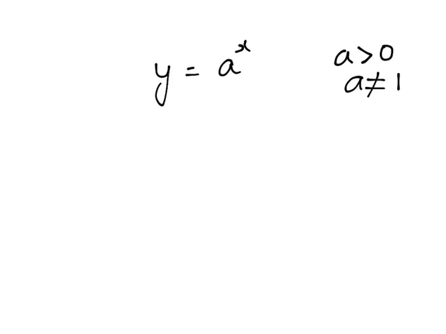A has to be greater than 0, but a also cannot take the value of 1. Now for this function, I told you that the domain is all real numbers, isn't it? But the range is, for this function, y greater than 0. A power x will always be greater than 0.